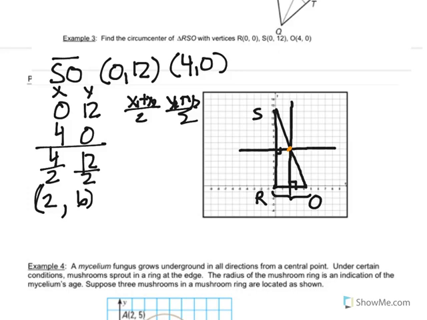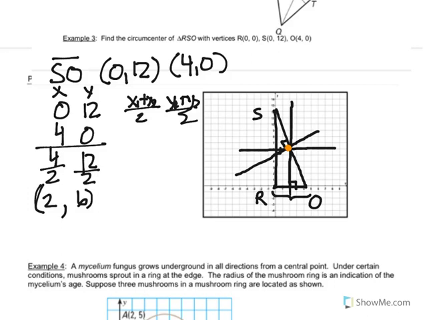I'm going to estimate the perpendicularness, is that a word, of that line. And so there's our 3 bisectors, and the circumcenter is where? Right on the hypotenuse, the midpoint of the hypotenuse, 2, 6.